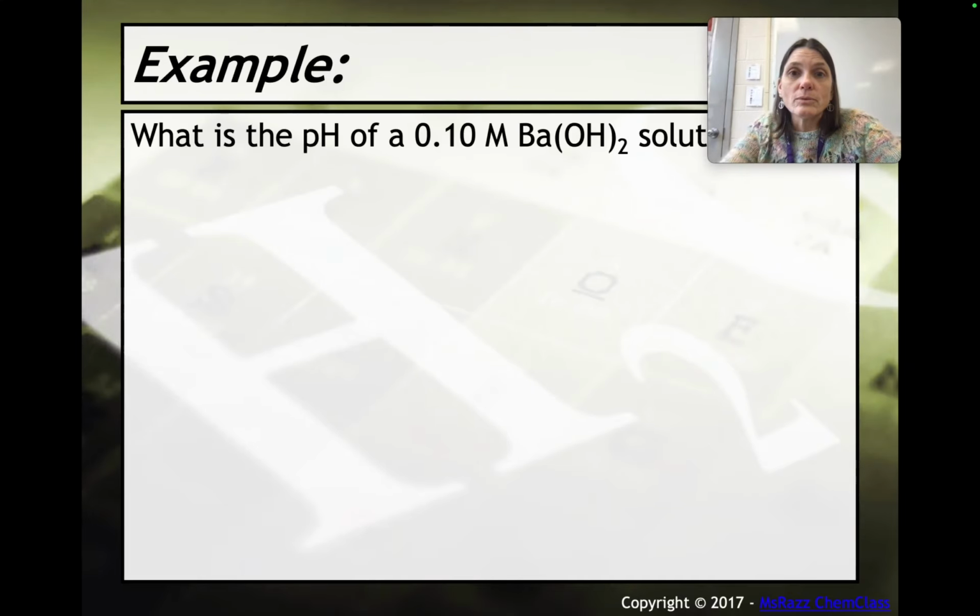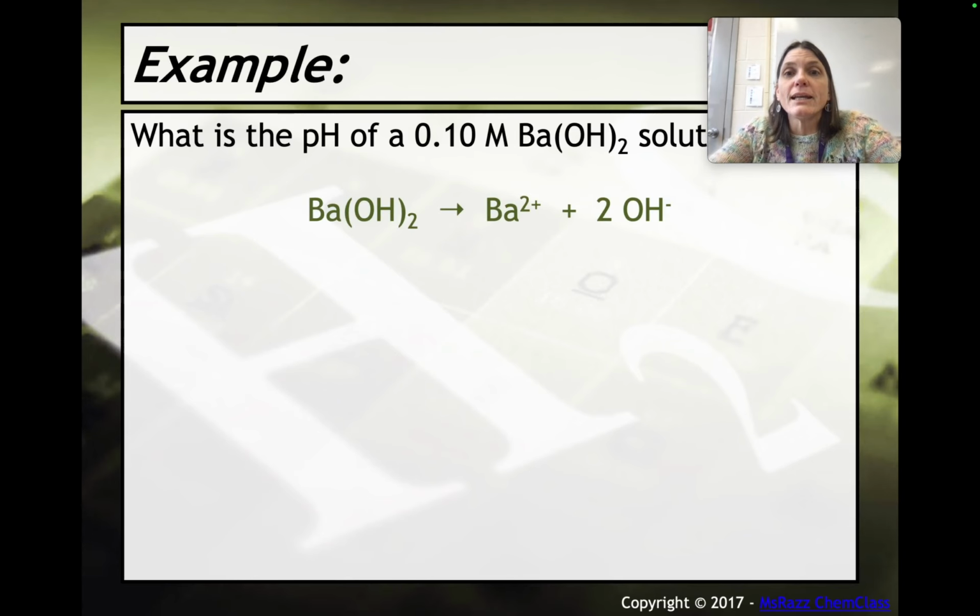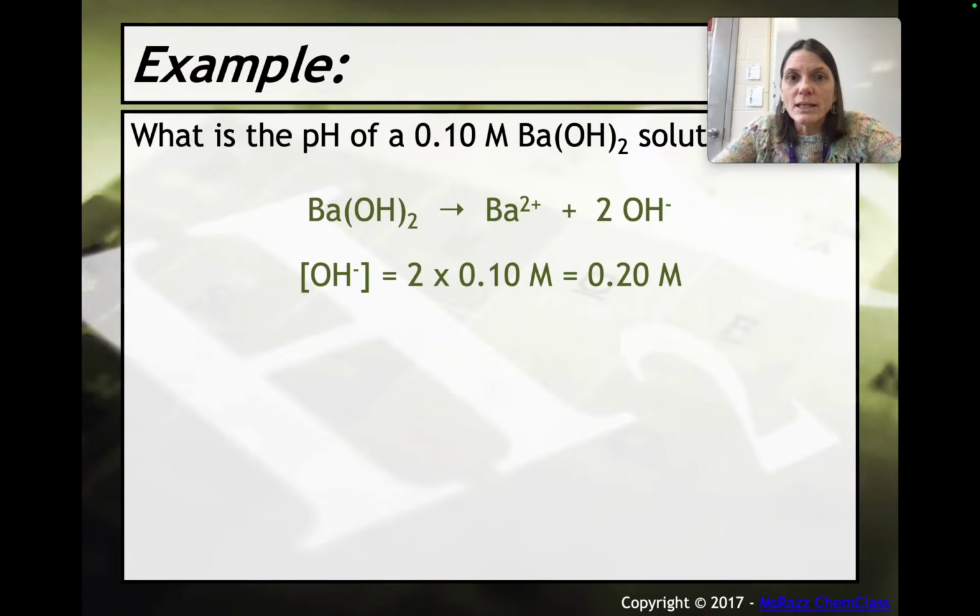So here's our example. Barium hydroxide has 2 OHs per formula unit. When this dissociates, we're going to get 2 moles of OH for every 1 mole of the compound. Remember back in first semester when we were getting the molarity of solutions, you would multiply the molarity of the original solution times the subscript. That's what we have to do here. We take the molarity of the barium hydroxide and multiply it by 2 because the OH has a subscript of 2.